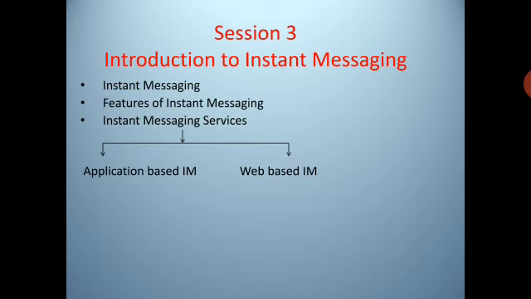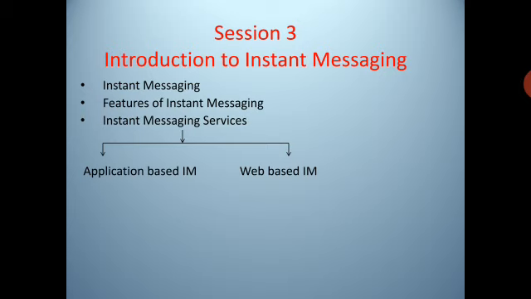Instant messaging services. There are two kinds of instant messaging software. These are application based instant messaging and web based instant messaging. Application based instant messaging software is downloaded and installed on the user's computer.